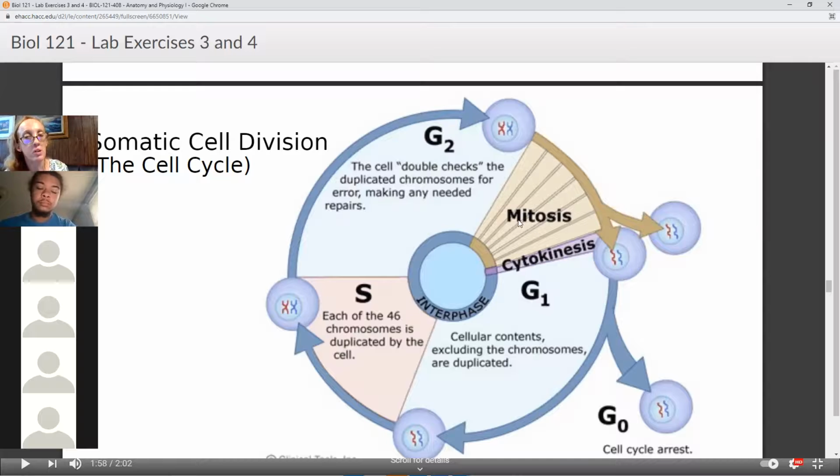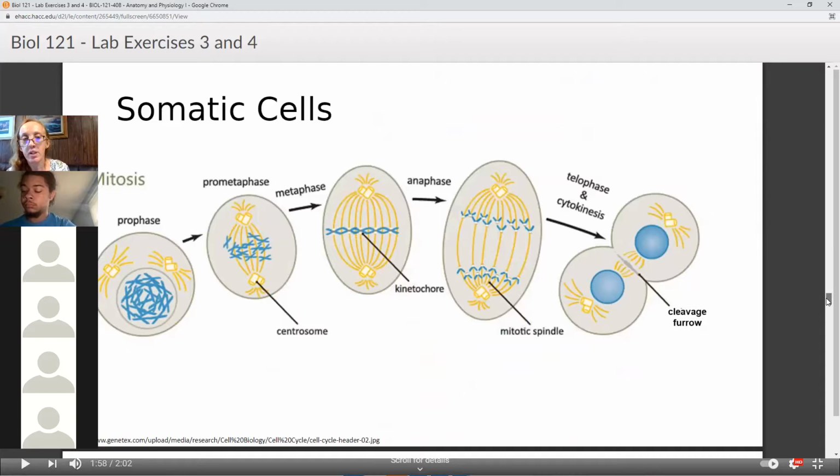Remember, this is the nuclear division of the nucleus. And then cytokinesis, meaning to cut the rest of the cell in half, to divide the rest of the cell. So this is division of the nucleus. This is division of the rest of the cell.